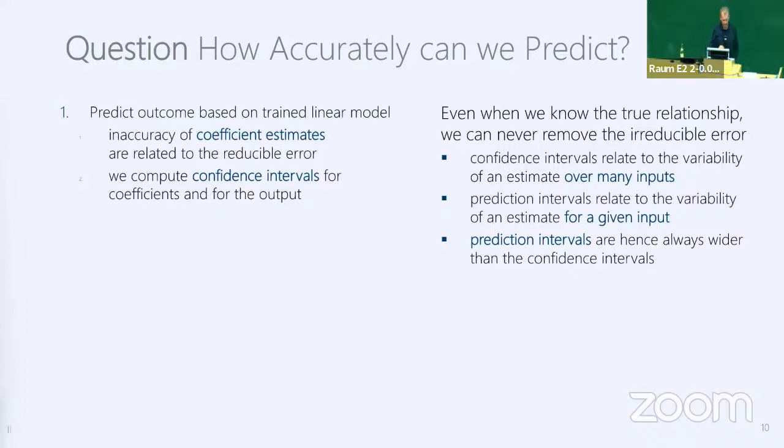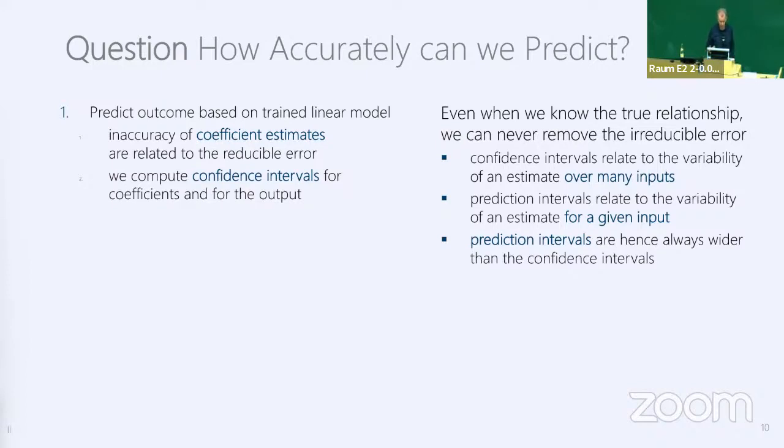Not sure what happened with the animation here, but okay. Suppose that we predict one particular case. We get an output, we can output an estimate, right? How good our estimates of the coefficients are will determine how good our output is going to be, if the model class was correct and all that.